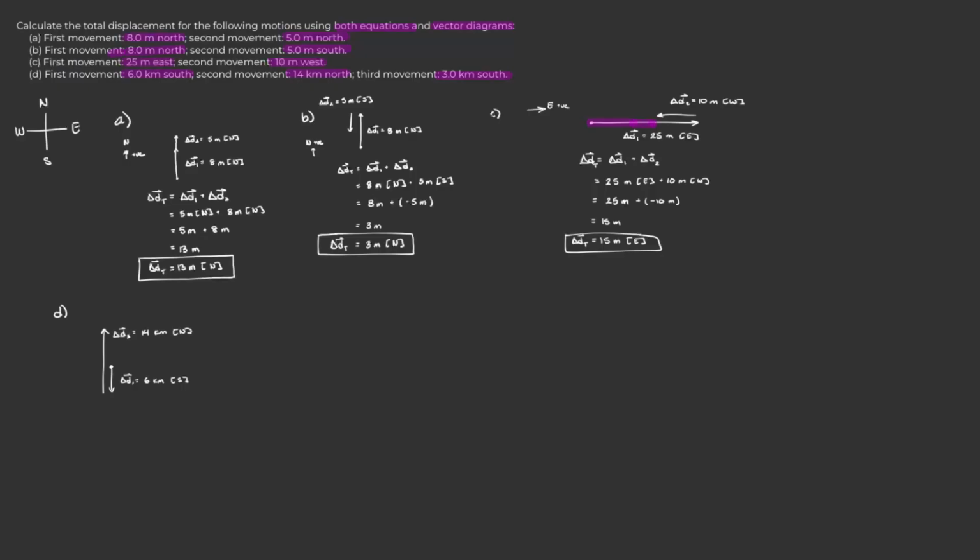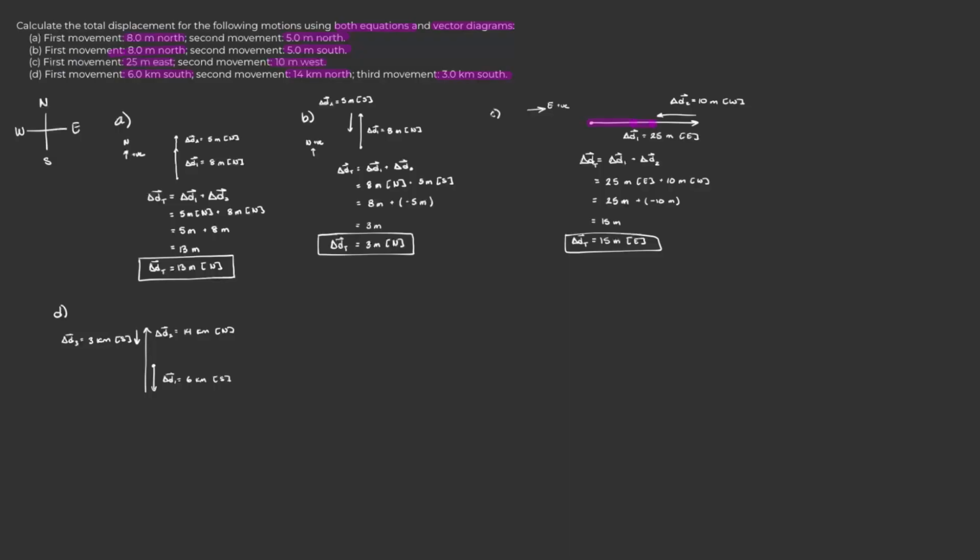Okay. Let's move this a little more to the right. And afterwards, we're moving 3 kilometers south again. So there's not a lot of displacement there, but d3 is equal to 3 kilometers south.